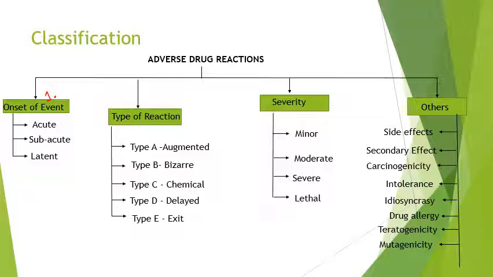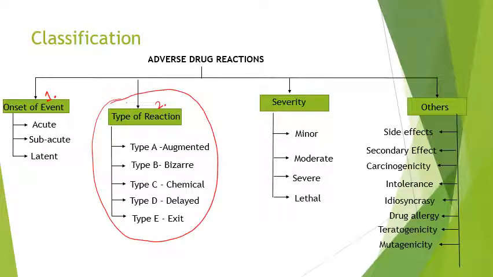If it is subacute, it has occurred from 1 to 24 hours after administration of the drug, and if it is latent, it has occurred after at least 2 days of administration. Now moving on to the type of reaction. This classification is very important and we will discuss it in detail in the next slides.